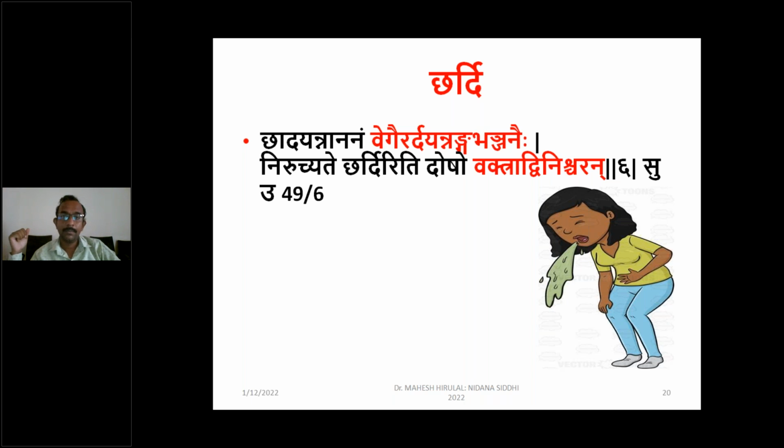His spine, his neck muscle, his abdomen, his chest, and all the internal organs will be involved in the process of chardi. So that is the understanding. It's not merely a vomiting. It is a complete neuro CNS plus GI involvement that will be there in the chardi.